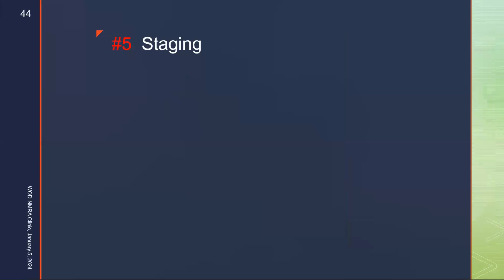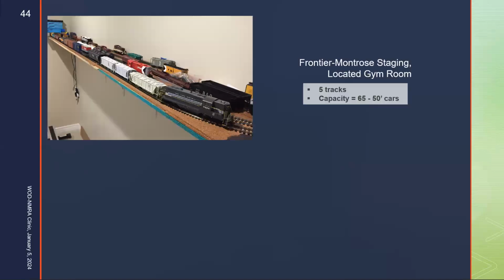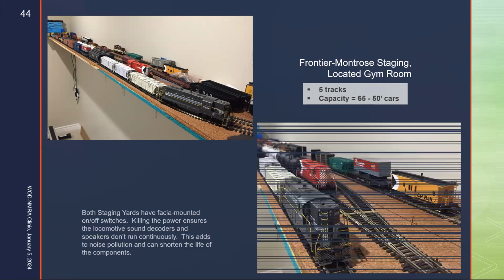Staging, I mentioned, was something that when I started on this layout, I didn't know anything about, but certainly was recommended in terms of making your operational movements work more smoothly. So management agreed that I could use a shelf in the gym, which is adjacent to the train room, and there's the capacity that's in place.